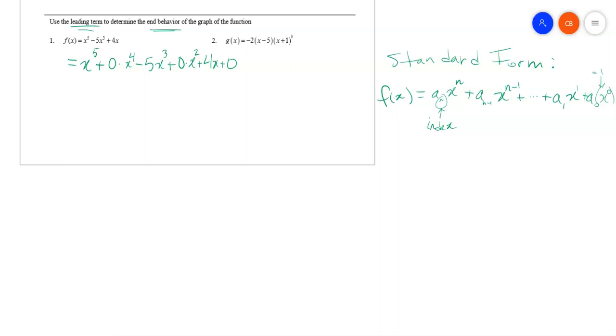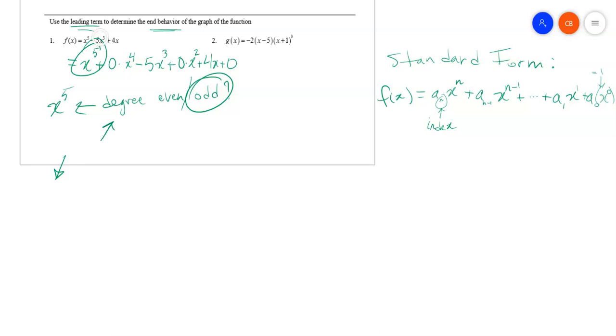Now we're using the leading term, it says, to determine the end behavior, and the leading term over here is the term that goes x to the 5th. And so to tell the end behavior, we basically are wondering, is the degree even or odd? And of course 5 is an odd number, and so this is an odd degree polynomial. That means on the ends, it will basically be facing like this.